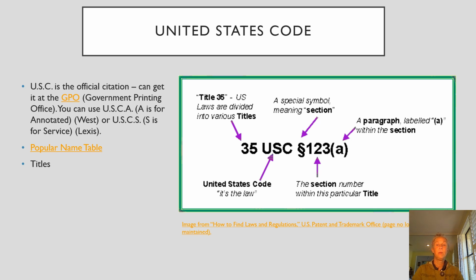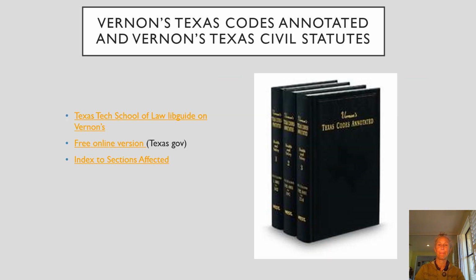So it can go (a)(1), (b)(6)(5), it can be deep to get down to the unit that you're wanting, the actual part of the law that applies. Just be aware. Sometimes you think, oh, I'm at the right place, but you really have to make sure your citation is right. All those little things matter.